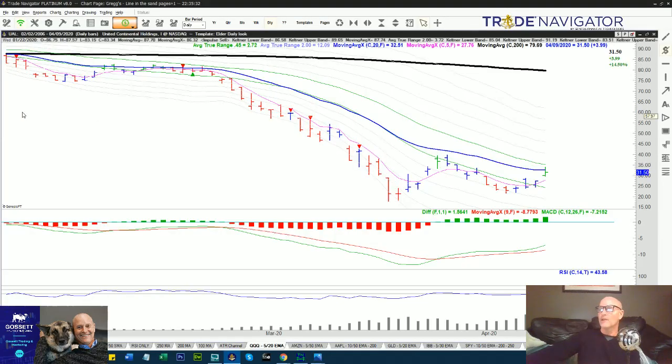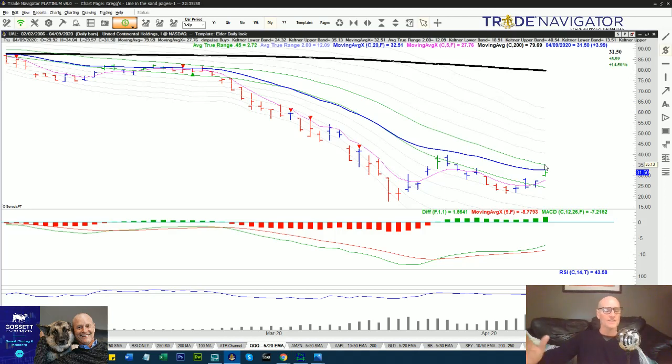So if we go over here, you can see this here on UAL, up here at the top, average true range 2 equals 12.09. So what that means is that the 1 ATR is actually 6.045. So it's expected to move basically 6.04 on any particular day.